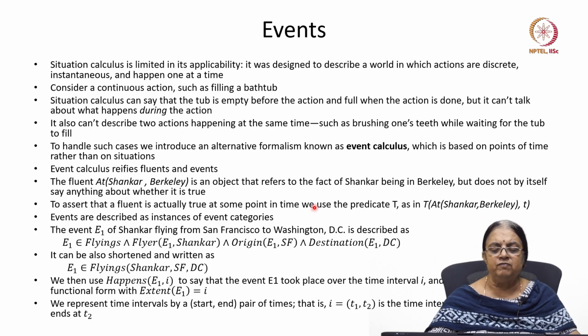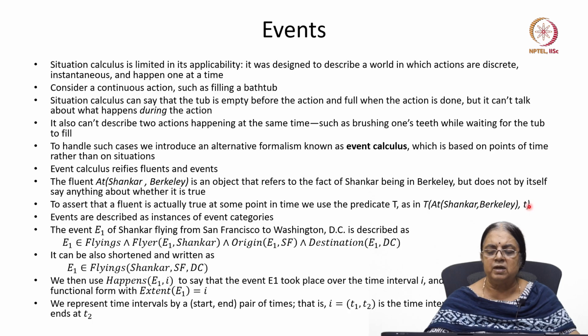To show that a fluent is true at some point, you use T. Suppose you say T(at(Shankar, Berkeley), t), at time t. So how do we describe an event? Event E1 belongs to the category of flyings. The flyer is Shankar, origin is San Francisco, destination is DC. Or you can write it as E1 belongs to flyings of Shankar from SF to DC.